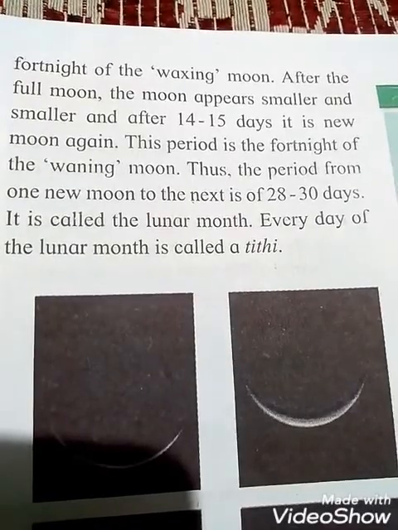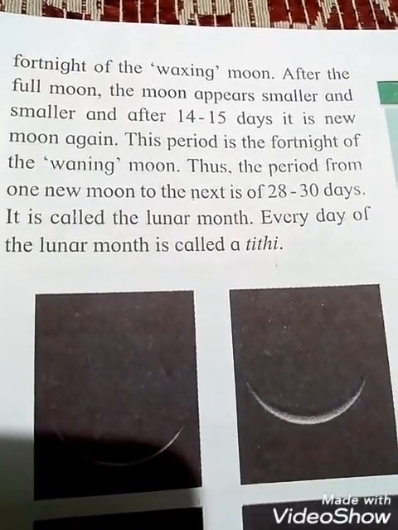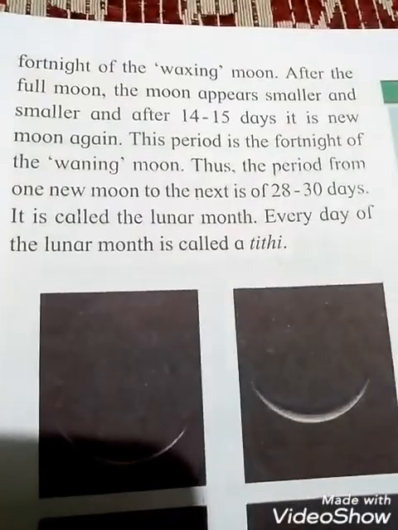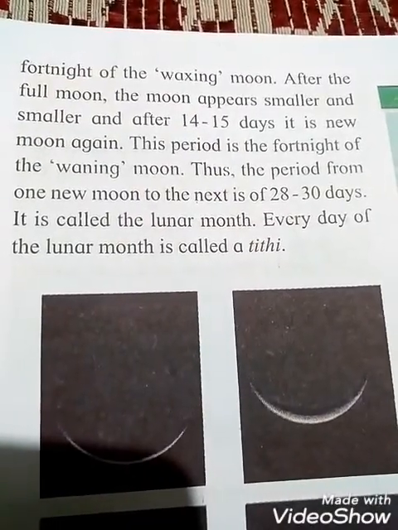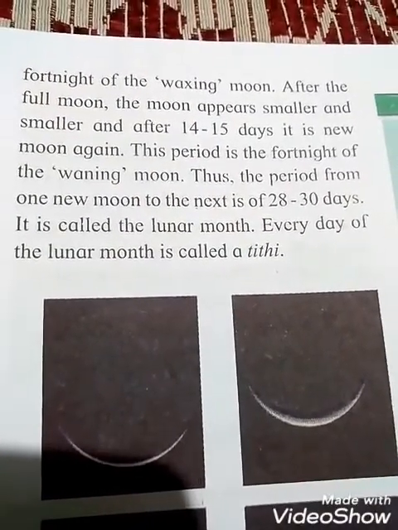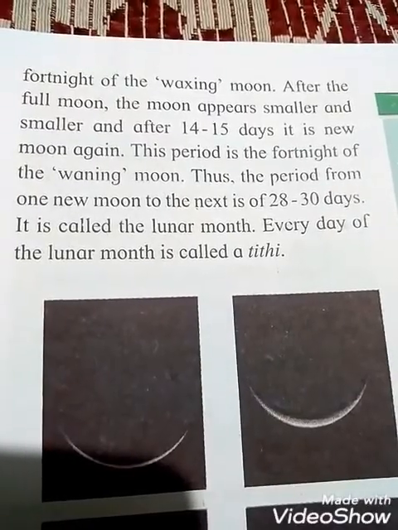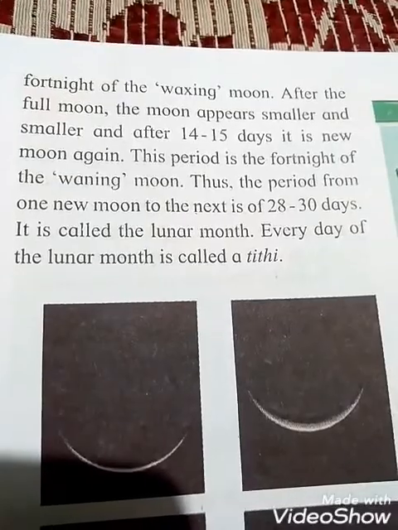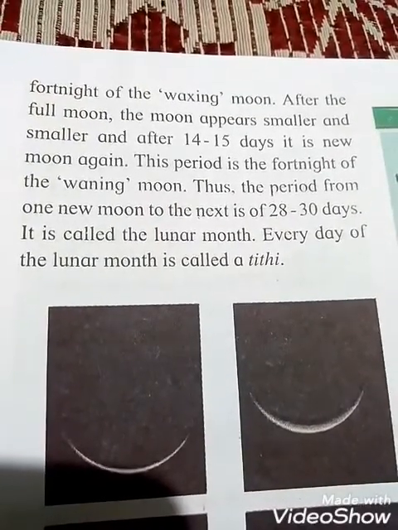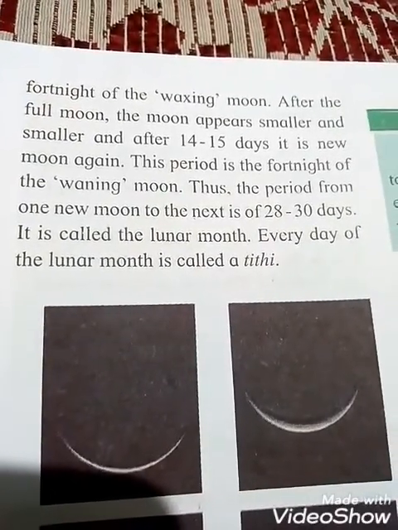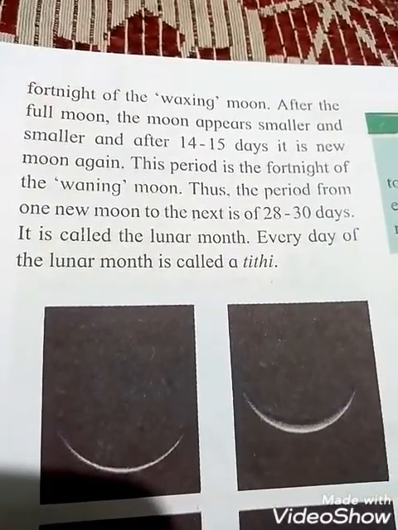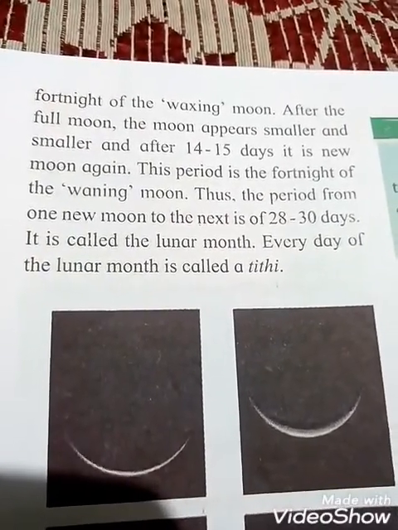The moon started to increase. After the full moon, the moon appears smaller and smaller, and after 14-15 days it is new moon again. New moon means no moon in the sky, the Amavasya. This period is the fourth night of the waning moon. Thus waning means decreasing and waxing means increasing.